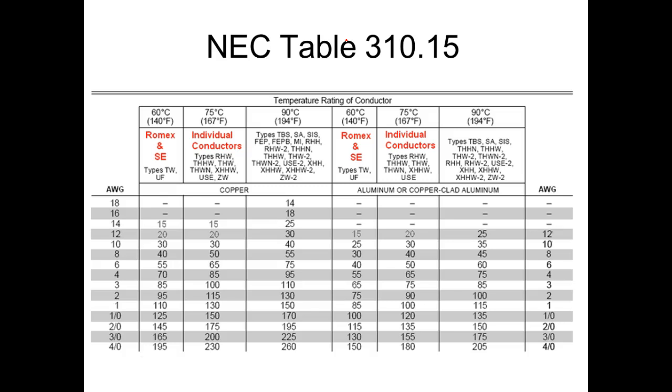So notice we run this insulation right here at 90 degrees centigrade, and they rate it at what? 25. What does that number mean now? 25 amps is what it's rated at, if you use this type of insulation, which is rated at 90 degrees centigrade, which is 194 degrees Fahrenheit.